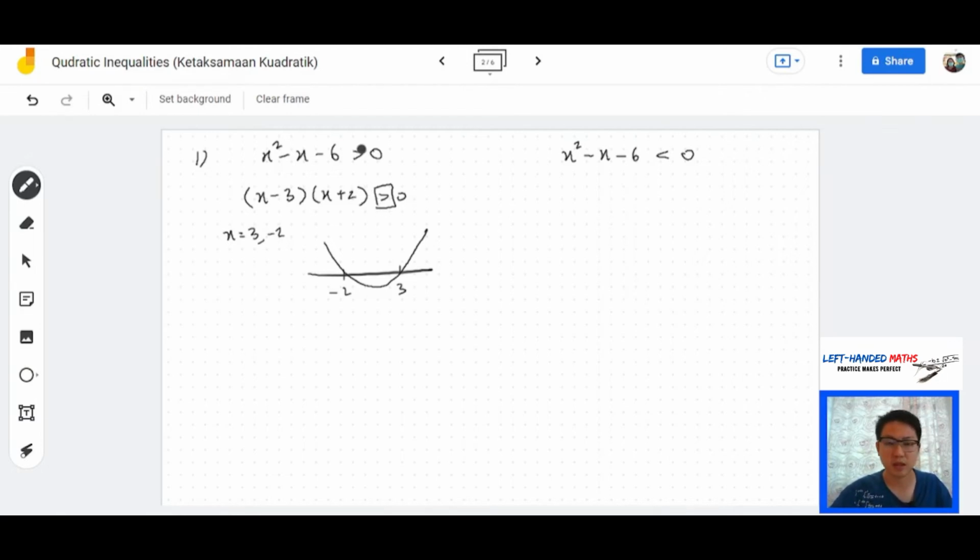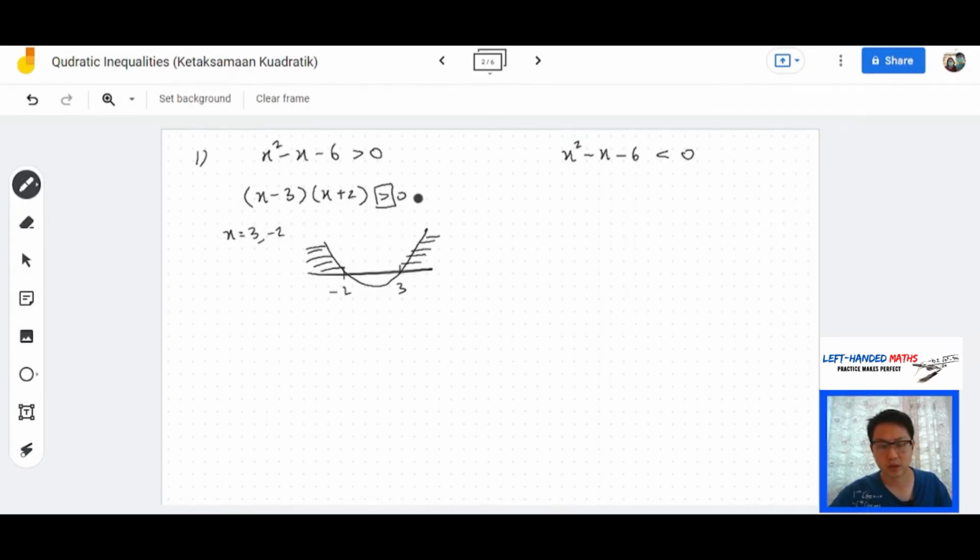Previously I told you that for more than 0, we are looking at the part above the x-axis. So these two parts fulfill what the question wants. We write x is less than -2 or x is more than 3. That's it.